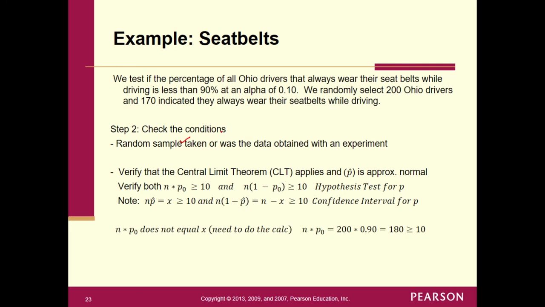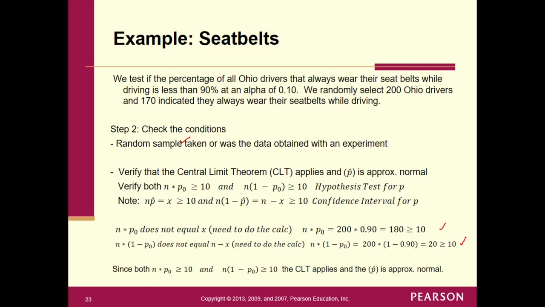And so n times p sub 0, that n is 200, p sub 0 is 0.9, we got 180. That's certainly greater than or equal to 10. Also n times 1 minus p sub 0 is 20. That's greater than or equal to 10. Check mark, check mark. We have the central limit theorem applying, and the sampling distribution of p hat is what? Approximately normal. Once we have our conditions, we can use the formula that I've been showing you.